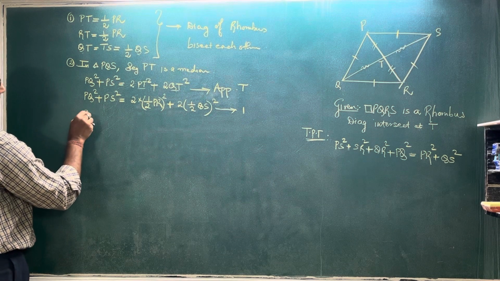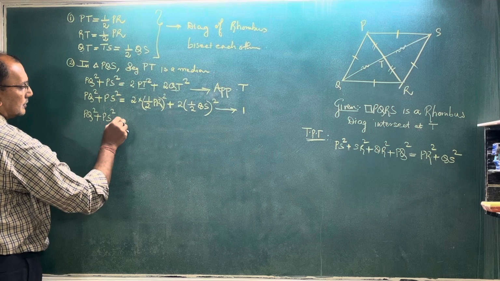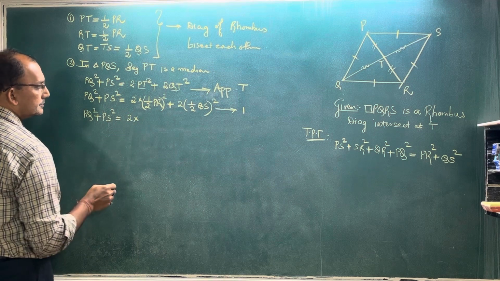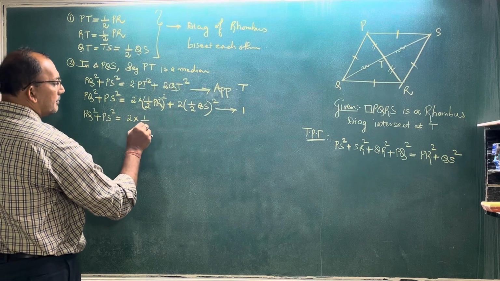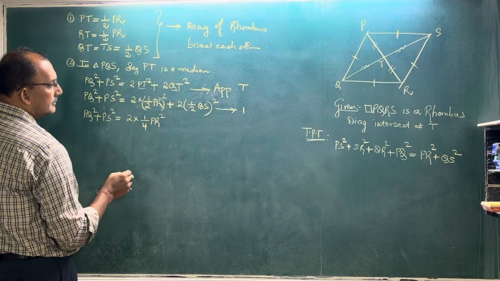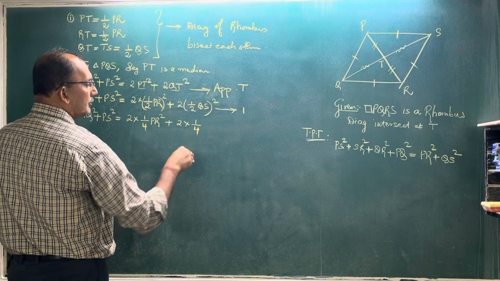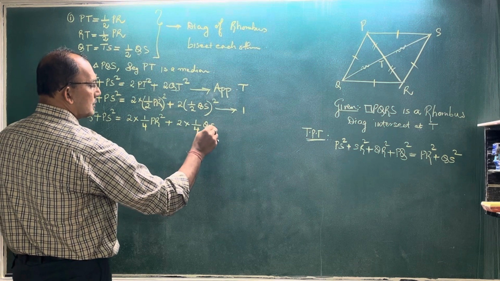So this gives me PQ square plus PS square is equal to 2 into 1 upon 4 PR square plus 2 into 1 upon 4 QS square.